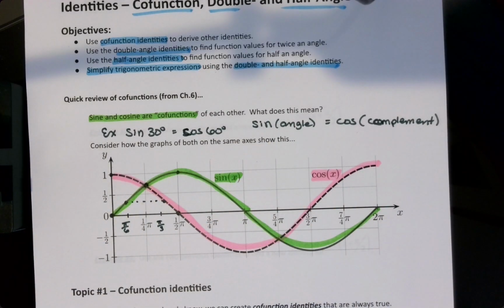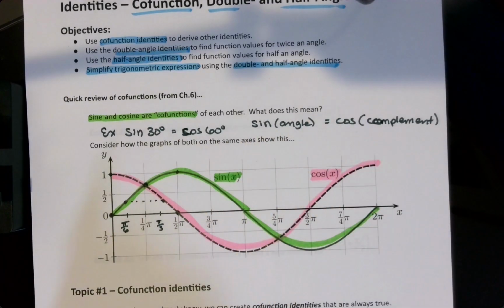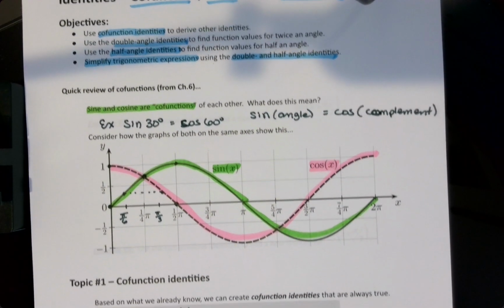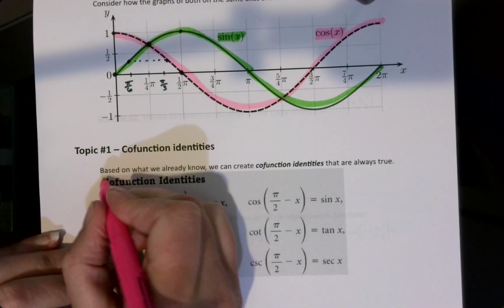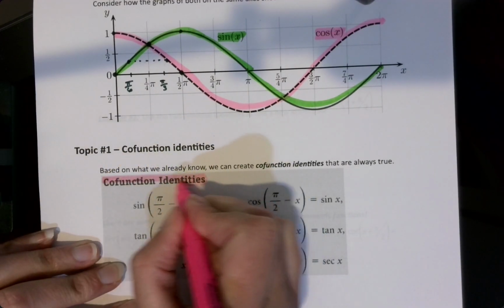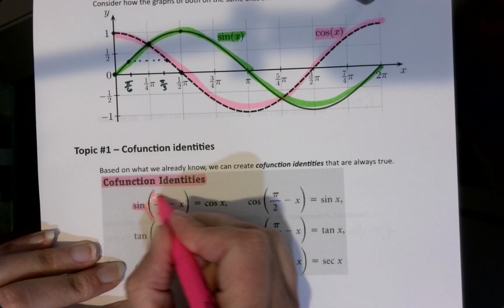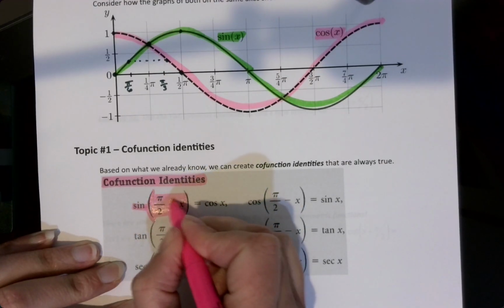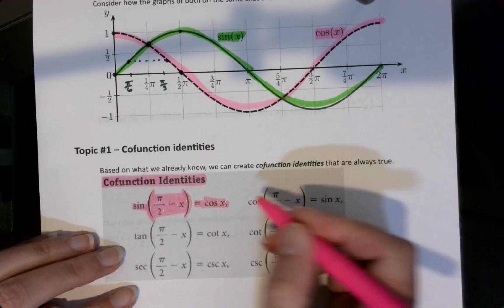Okay, so two angles that are complements have a sine of the angle equals cosine of the complement. To write that a little more formally, we can look at the cofunction identities below. So the cofunction identities say that the sine of pi halves minus x is equal to cosine of x, and vice versa.